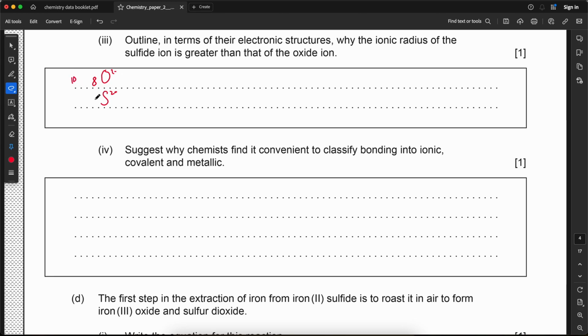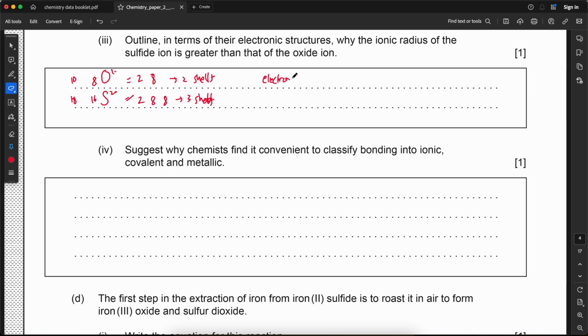And for sulfur it is 16, so now it becomes 18. So the electronic structures are 2,8 and this one 2,8,8. So it has 2 shells, and then this one 3 shells.